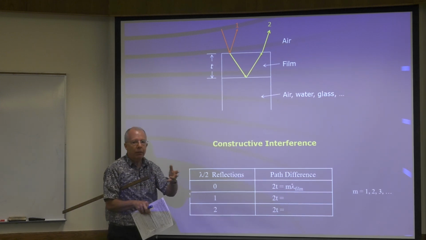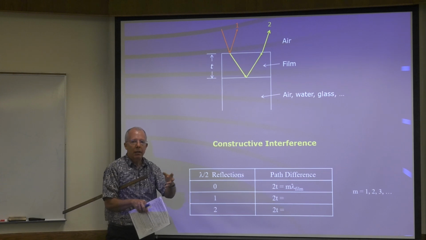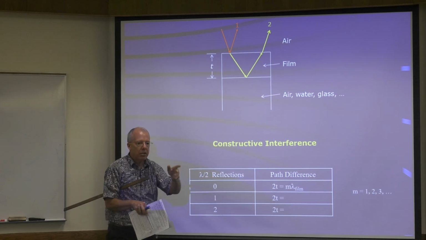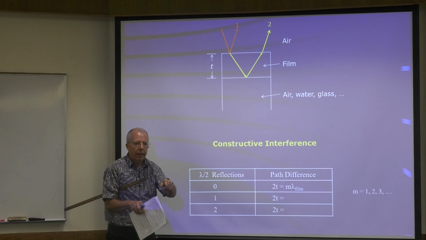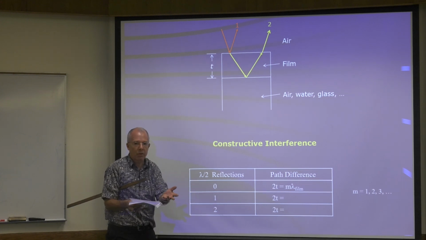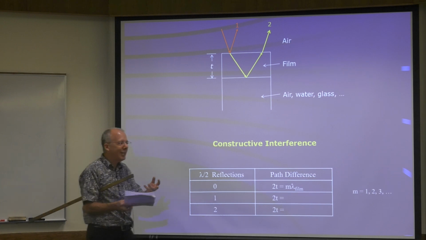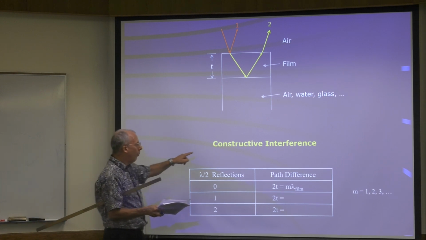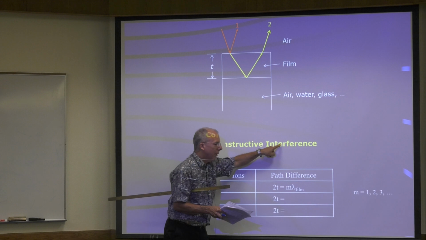How is that going to interfere? With no path difference and a lambda over 2 flip, it's going to interfere destructively. But we want constructive.